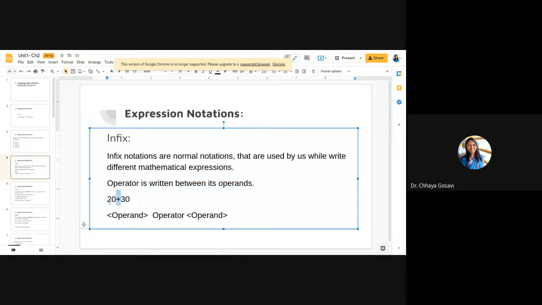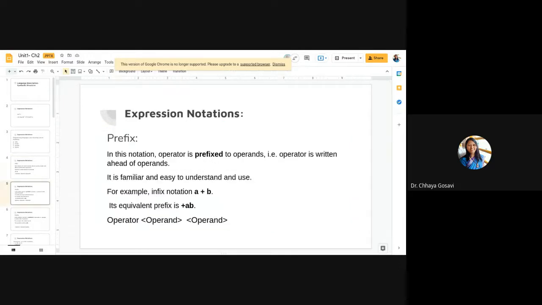This operator is performing on these two operands. These are operands, and this is the operation. So 20 plus 30 will add 20 and 30 and produce the result 50. That is infix. The operator is in between.